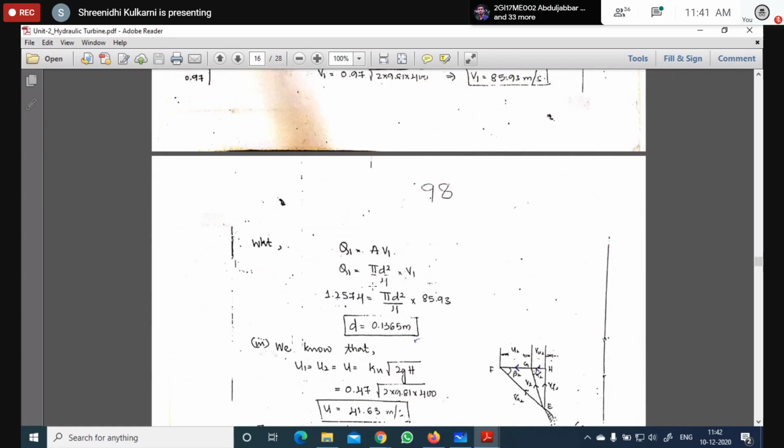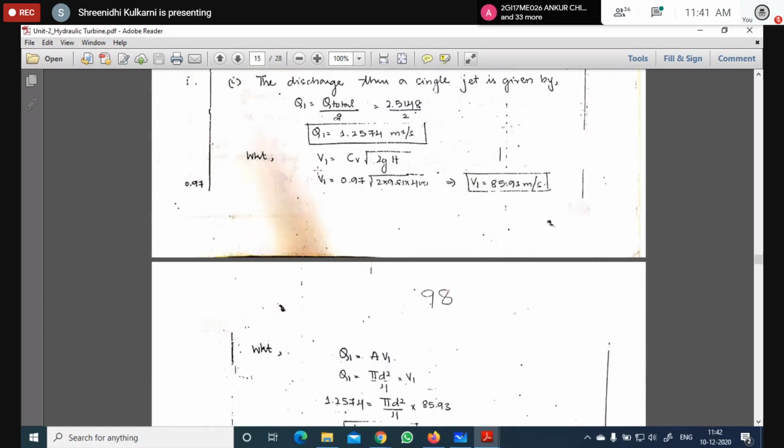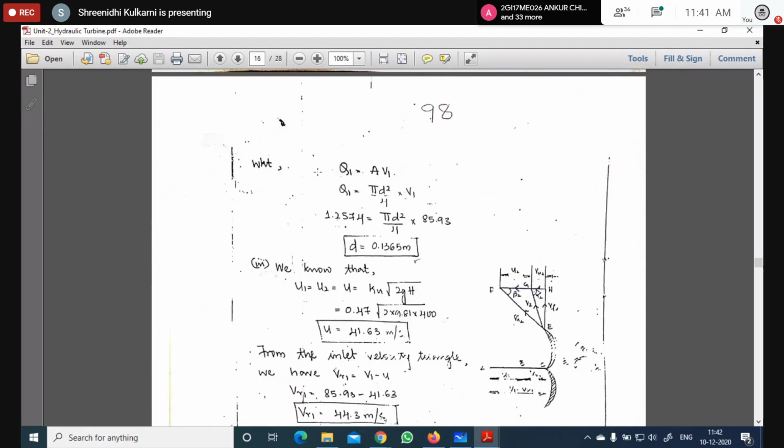What if we take Q total, sir? Suppose you take Q total, then you are calculating for 2 jets. That is important here. I want the diameter for a single jet. Then the diameter remains the same, it won't vary. But if we use Q total, then we have to multiply 2 into A into V1.